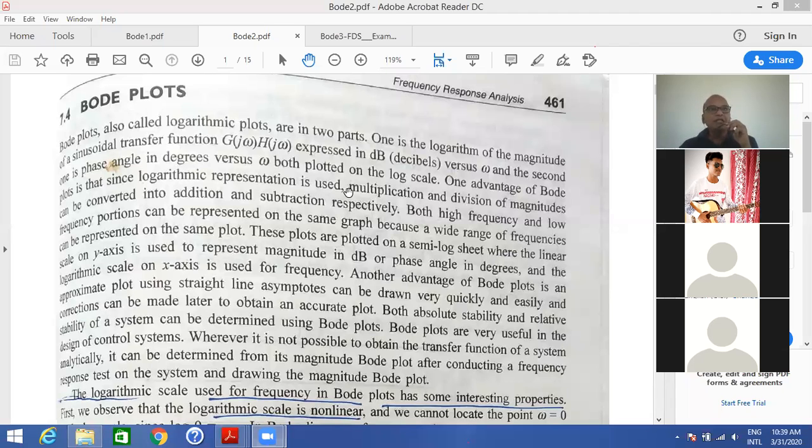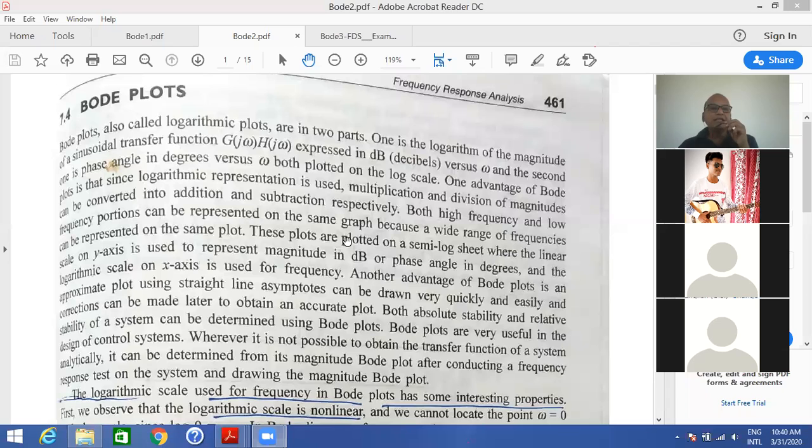Then consider the sinusoidal transfer function of the system. Already I said at the beginning of the correlation, consider the transfer function, then convert it into the sinusoidal form. That is, just replace S is equal to j omega in the given transfer function.